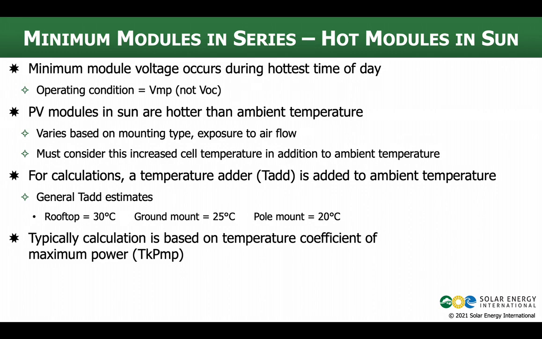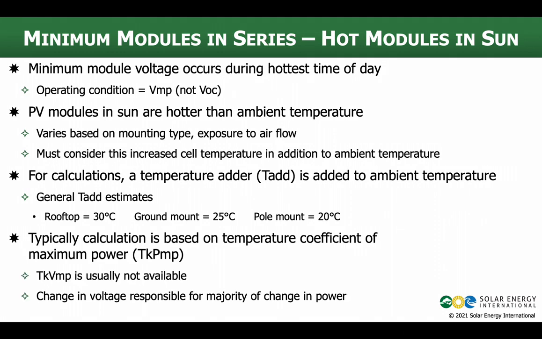So we can effectively say that the temperature coefficient of maximum power is a suitable proxy for the temperature coefficient of VMP. Is it 100% right on? No, but it's really going to be close enough in nearly all cases. So yeah, it's hard to find that TKVMP. You can derive it if you want to. But the change in voltage is really what's driving things here. And that's also what we're really concerned about because we're talking about voltage.